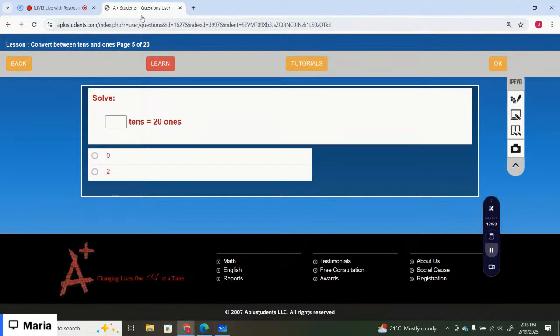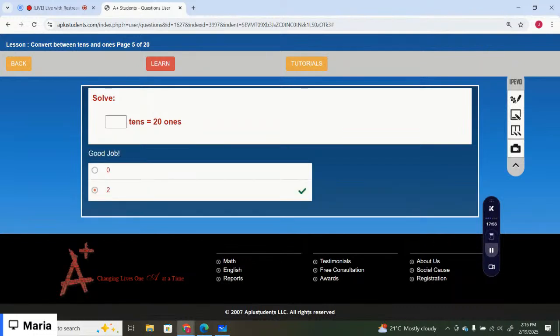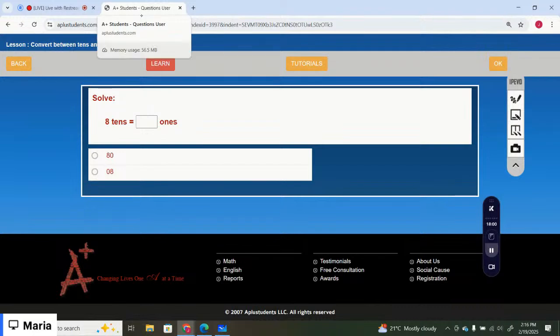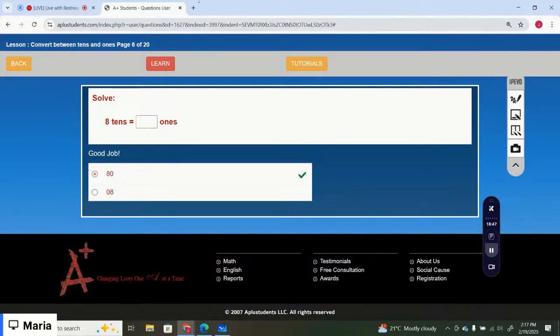Option number 2 is the correct option. 8 tens equal how many ones? 8 tens equal 80 ones. Option number 1 is the correct option.